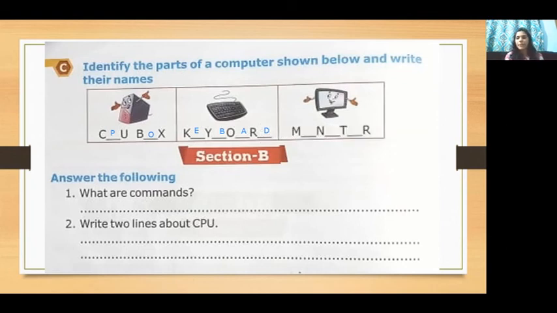Complete it. Okay. And the third one, it is a monitor. M-O-N-I-T-O-R. Monitor. See the spellings? CPU box, keyboard, then monitor.